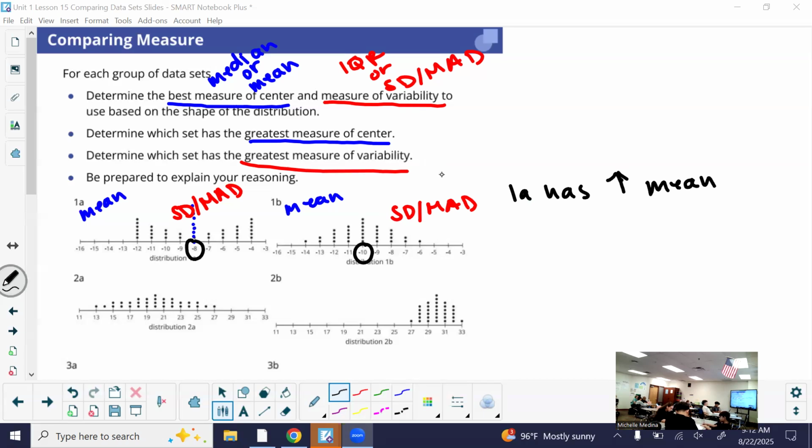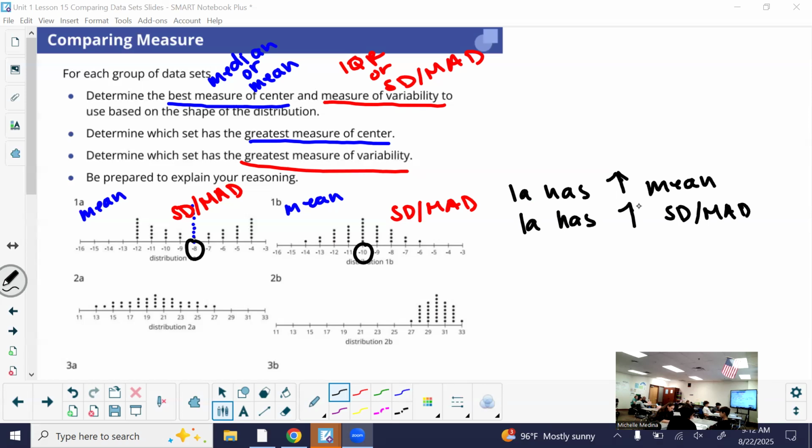Now, Peyton, does A or B have a higher standard deviation / MAD? Actually, no. 1A has the higher standard deviation / MAD.